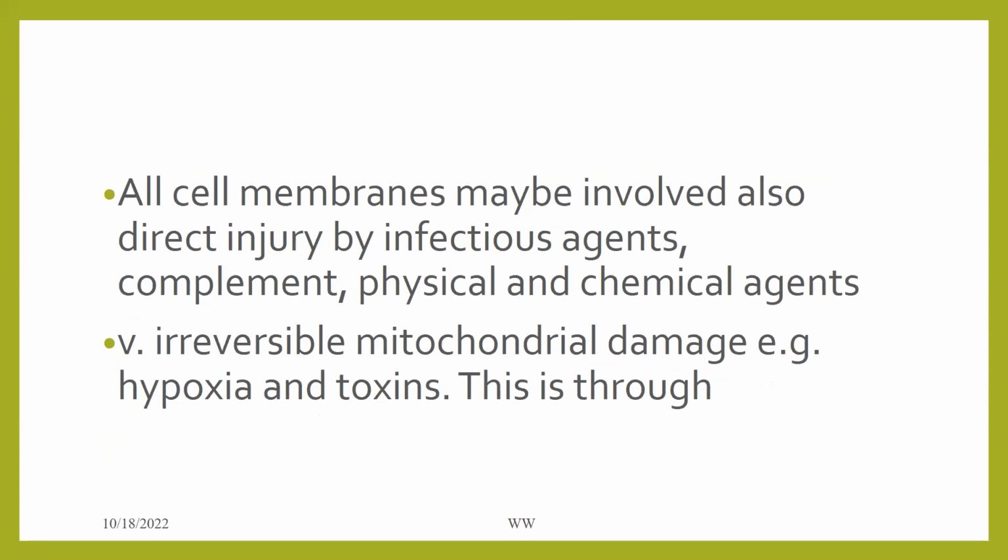Just to remind you that all membranes are involved by the injurious agents, especially the infectious agents, the complement, MAC complex, and also physical and chemical agents. Obviously, just the way we cook food is the way cells are damaged if you subject them to heat or if you subject them to extreme cold.